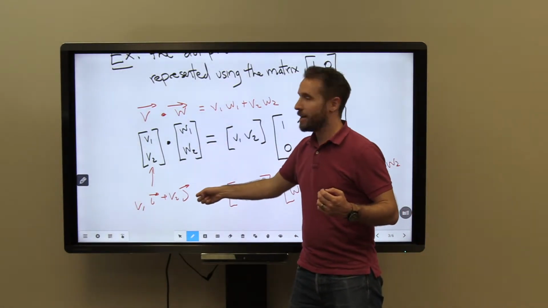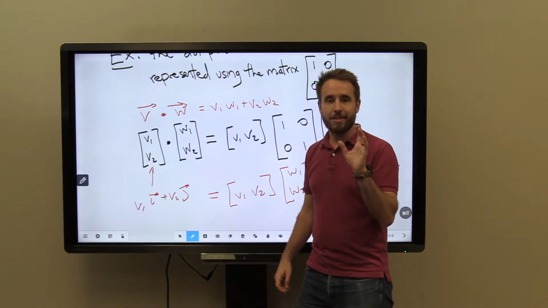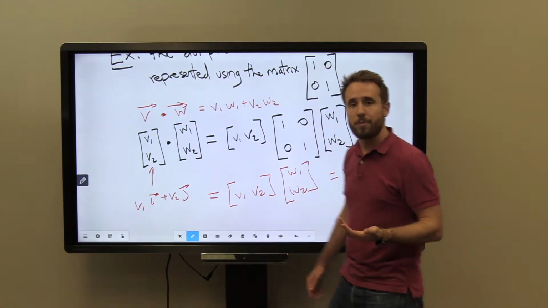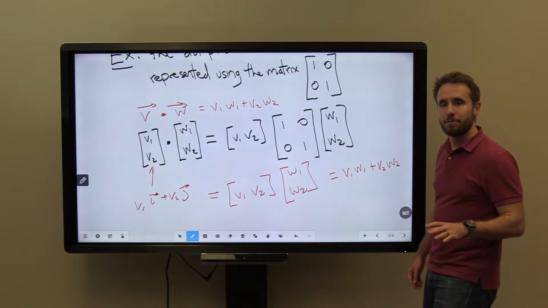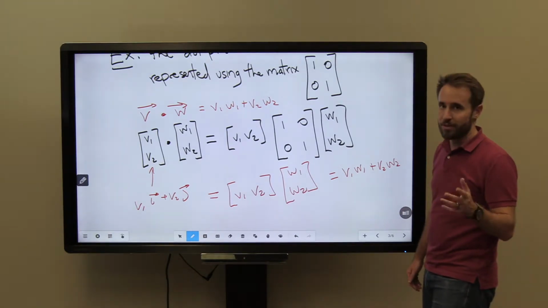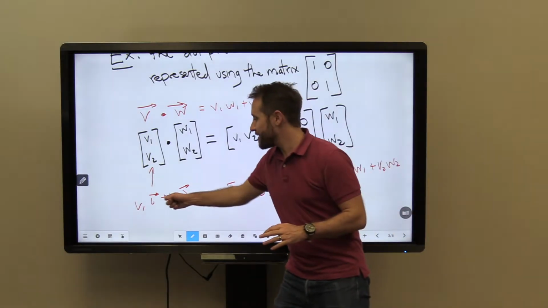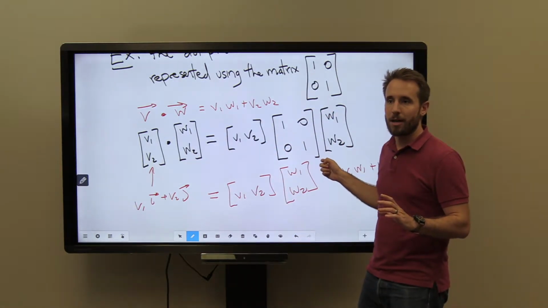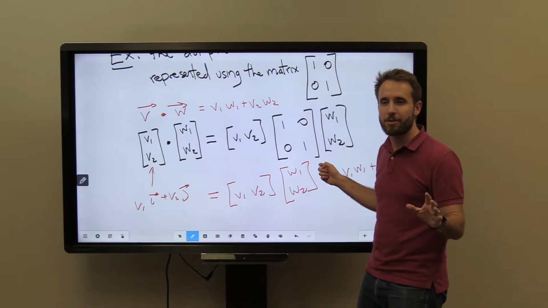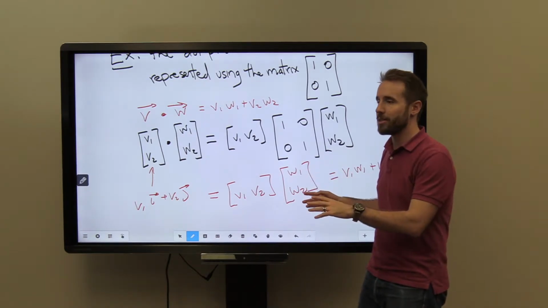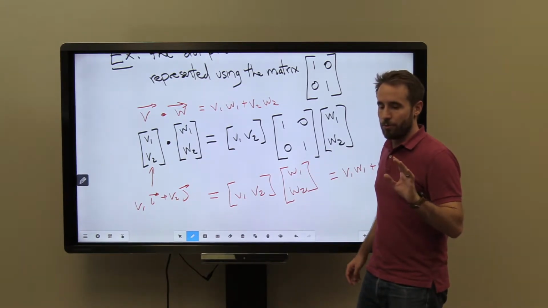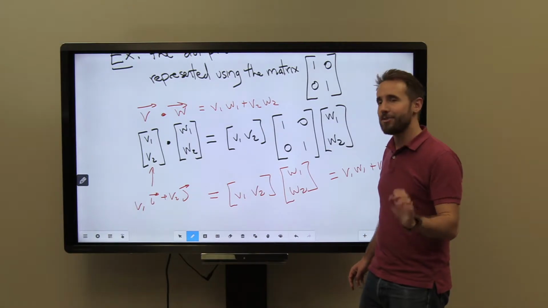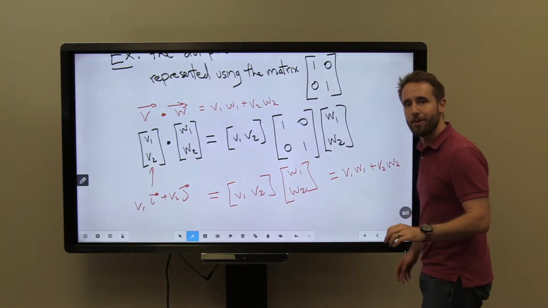And so i and j are my standard basis vectors in two-dimensional space. But once we have explicitly identified what these basis vectors are, then I get this associated matrix. If we were using different basis vectors, we would get a different associated matrix. And I'll let those of you who have taken and enjoy linear algebra think a little bit more about that.